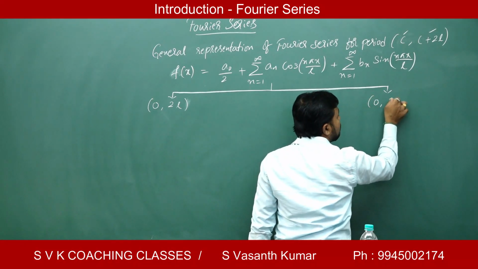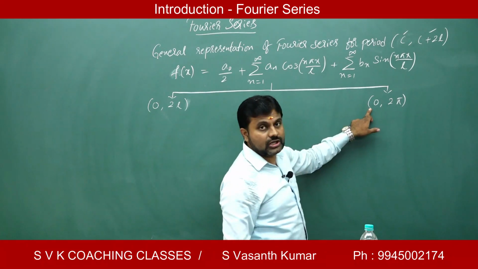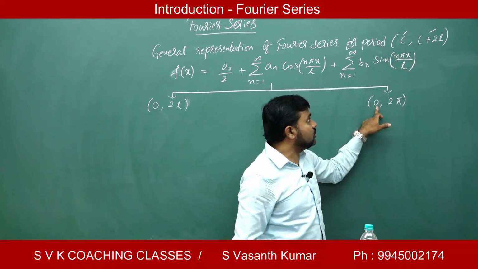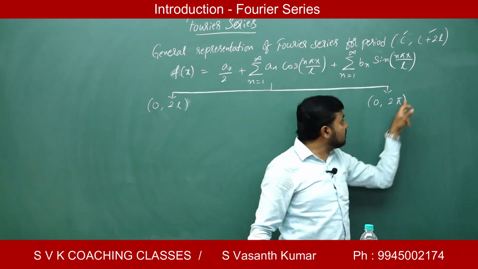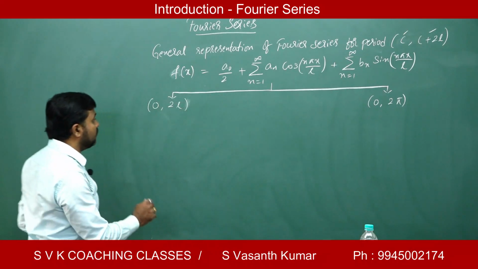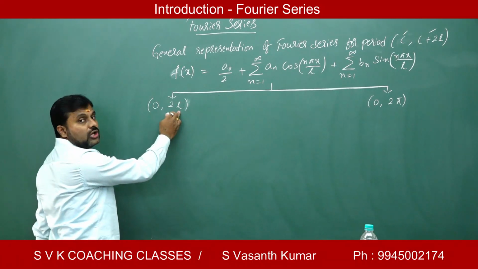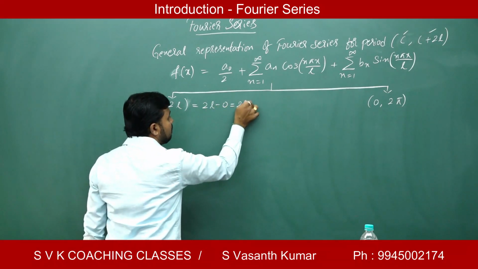Similarly, we can also have 0 comma 2 pi. Put c equal to 0, we get 0 comma 0 plus 2L; instead of L I am considering pi, so 2 pi. Here we can find the period: 2L minus 0, which is nothing but period 2L.